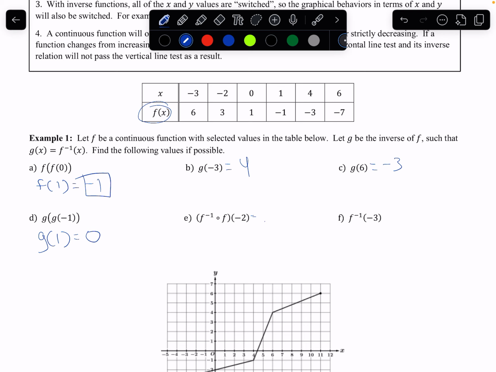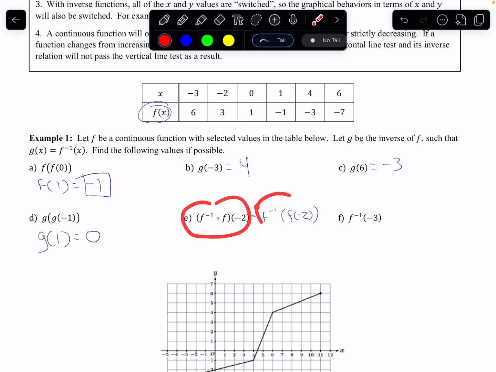It's the same thing as f inverse, that's just the inverse of f, of negative 2. Those mean the same thing. I'm going to evaluate f of negative 2, put a negative 2 into the f. Whatever that comes out to, I'm going to put into the inverse. Okay, these two things are equivalent.